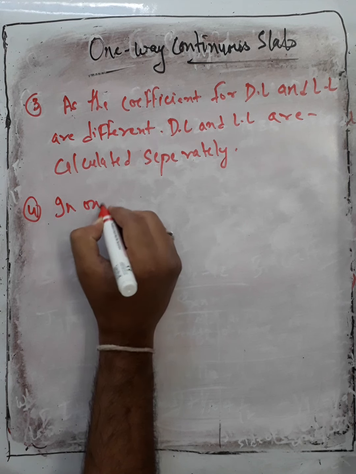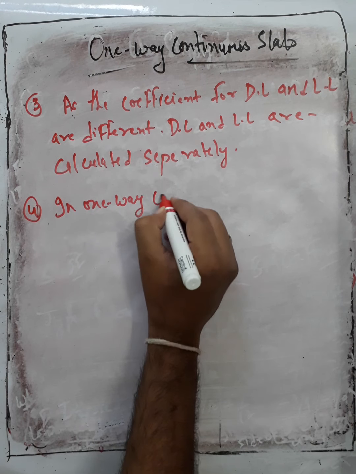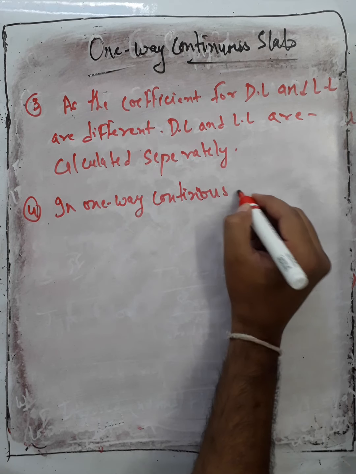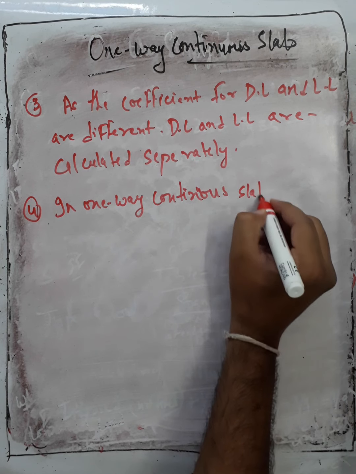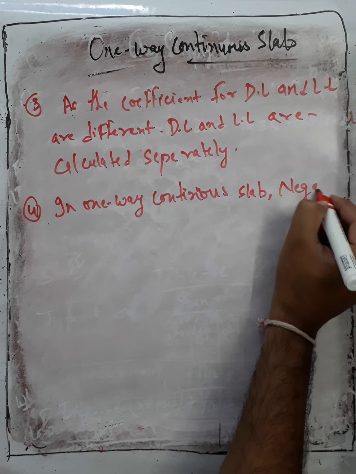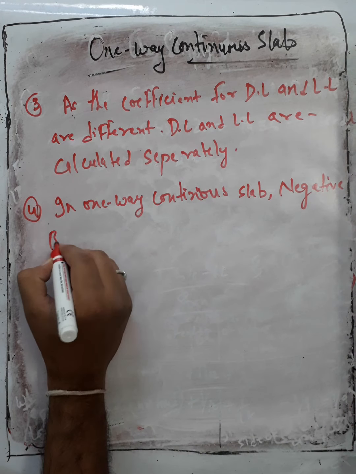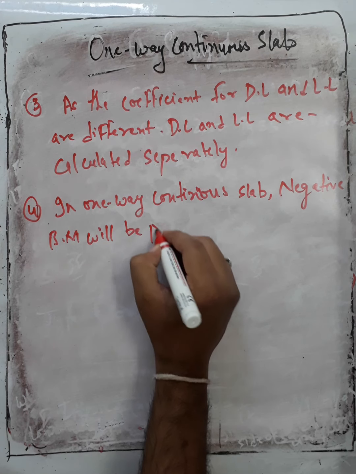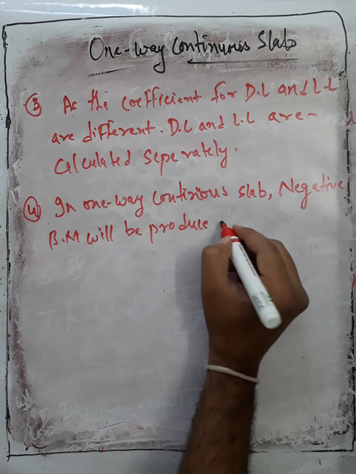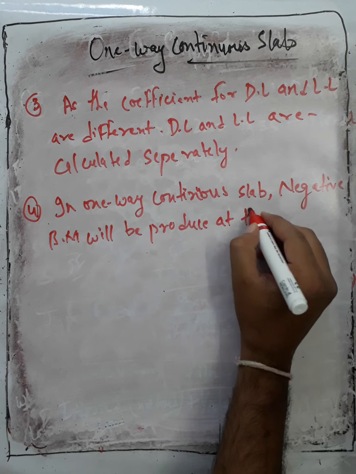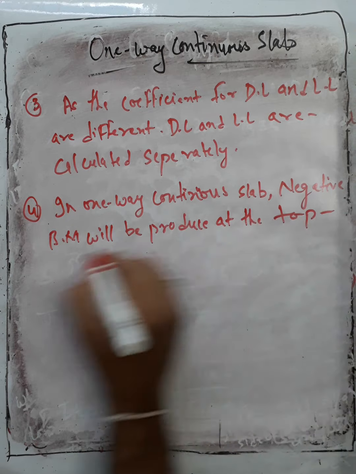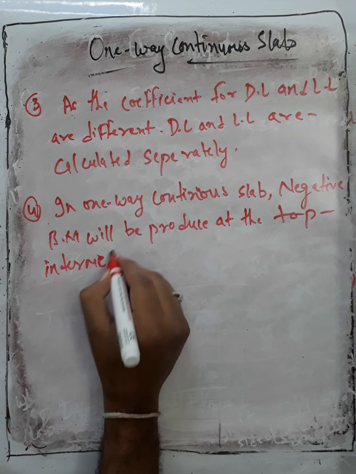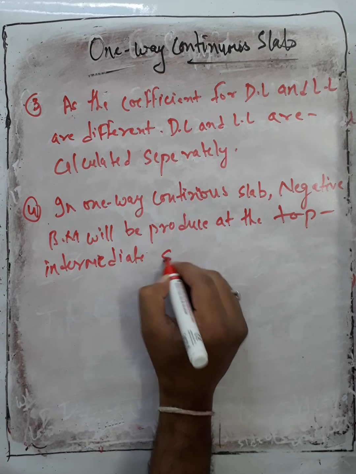Point number 4, in a one-way continuous slab, negative bending moment will be produced at the top of the intermediate support.